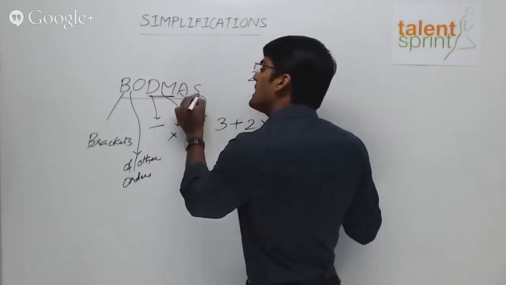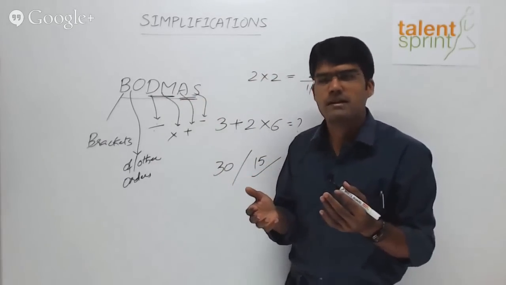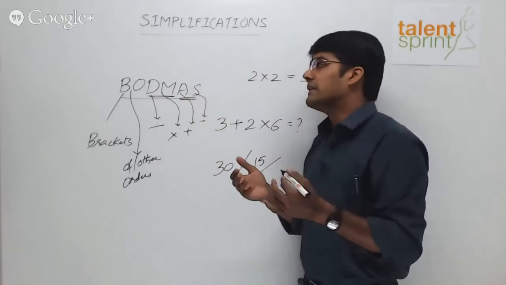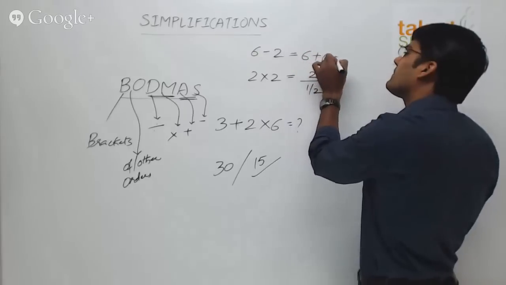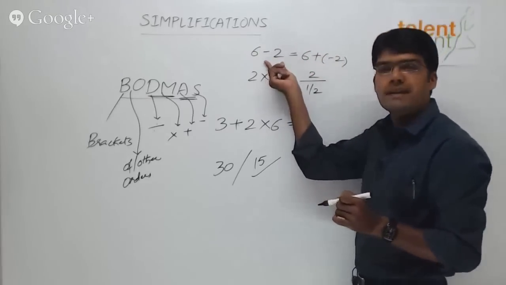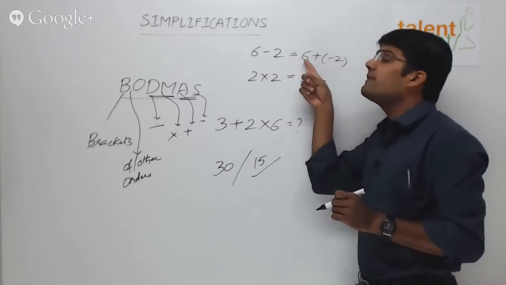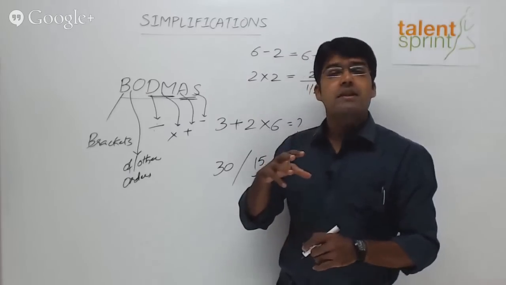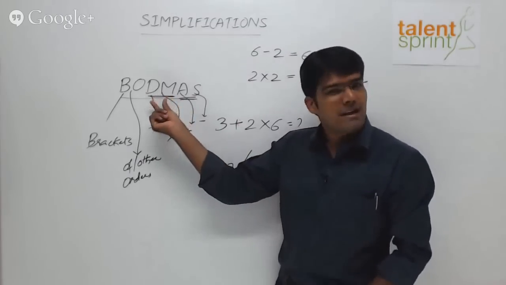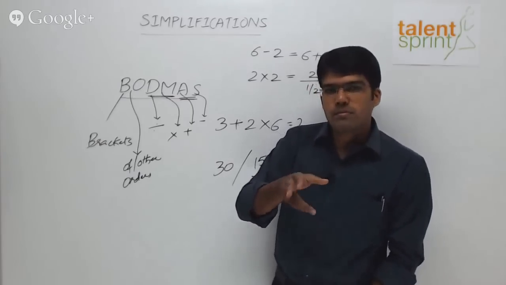Same thing happens for additions and subtractions. Subtraction is a kind of addition. Instead of saying that I'm subtracting 2 from 6, I can say I'm adding minus 2 to 6. Are you able to follow? Instead of looking at it as subtraction, we can say this is one kind of addition where we are adding a negative number to 6. So the point I'm trying to make here is that divisions and multiplications are kind of similar, so there's no preference as such.